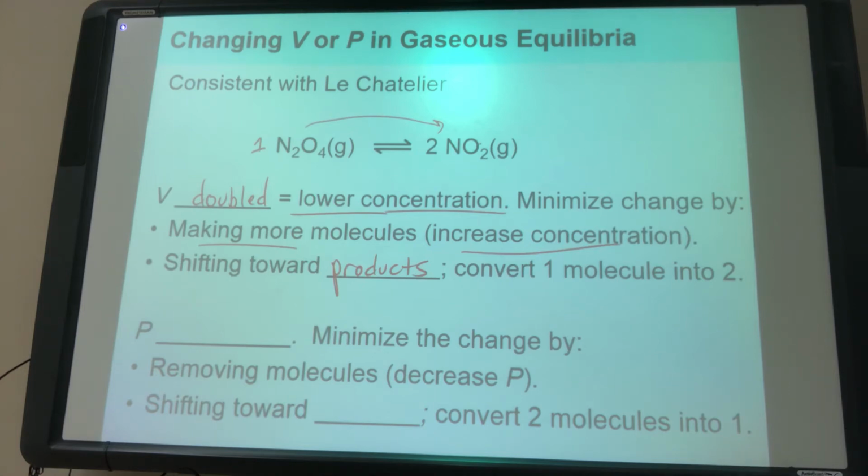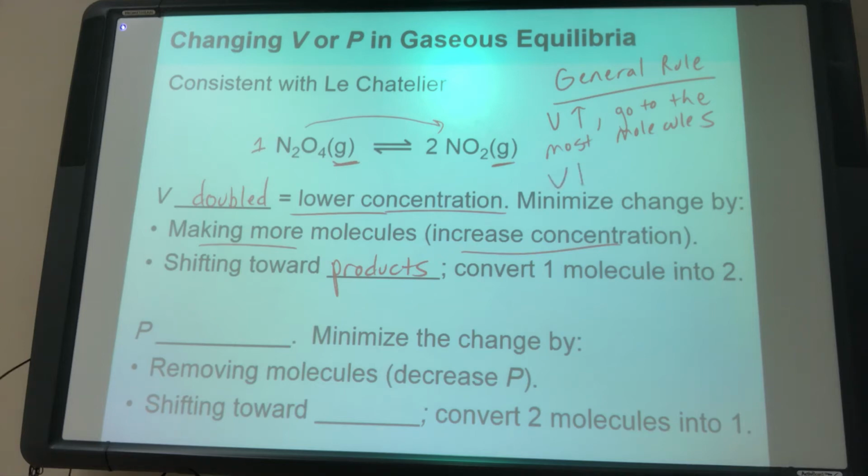So here's my general rule for volume. If volume increases, then you want to go to the side that has the most molecules. Now remember, don't count solids or liquids, okay?